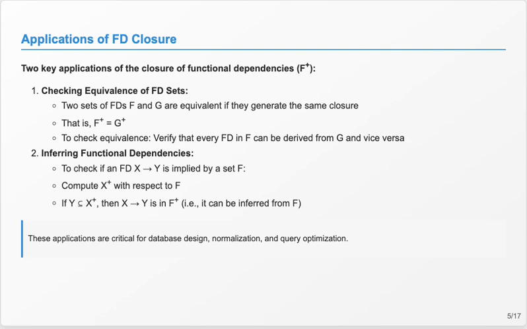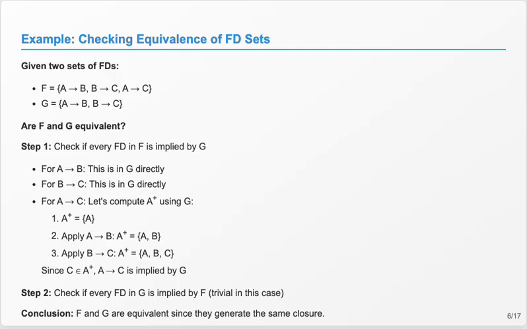So let's look at an example here. This is an example of three functional dependencies in F and two functional dependencies in G. Some people might be asking, I want to understand whether these two sets of functional dependencies are equivalent. To check, we need to verify if every FD in F can be inferred from those in G, and vice versa.